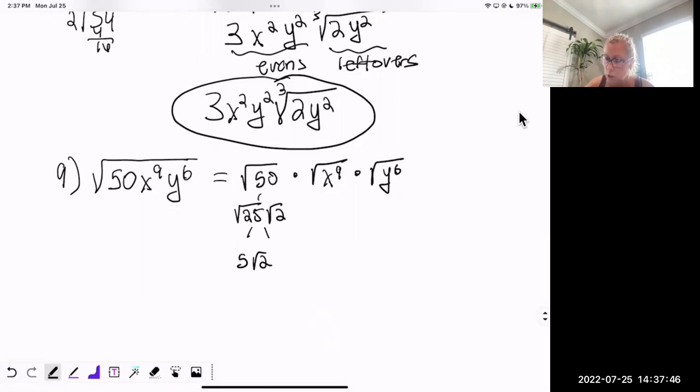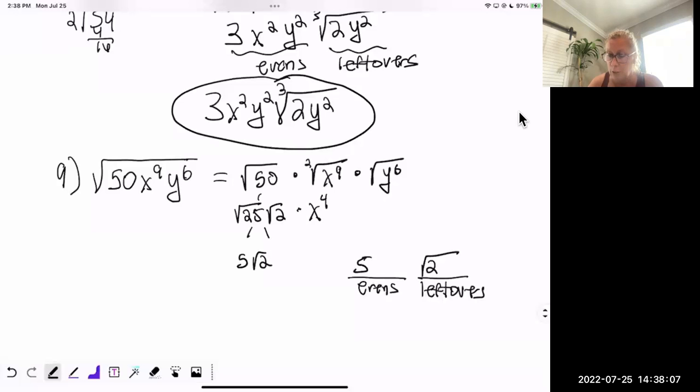So I'm going to start right away. Here's my evens. This is my leftovers. So 5 is my even. I know the square root of 2 is a leftover. Then I go to my x's. Remember, there's a 2 here. How many 2's are in 9? That'd be 4. How many left over? 1.